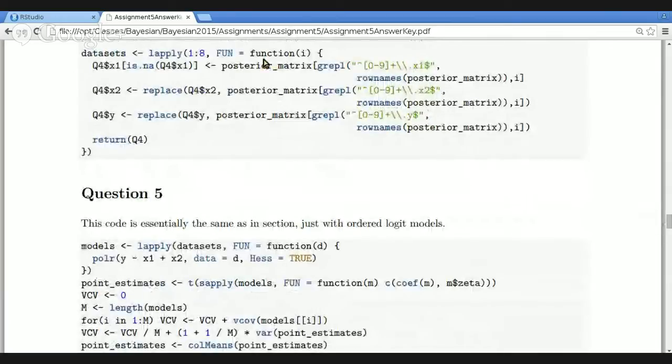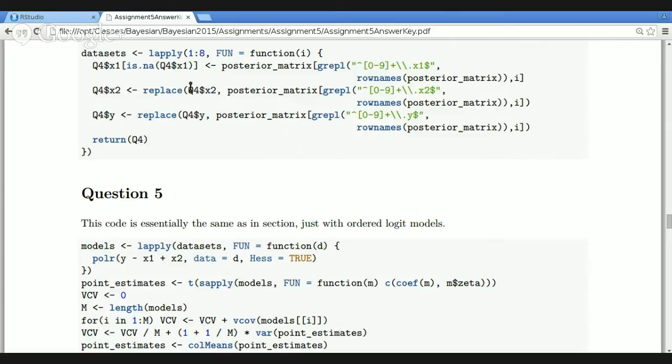And so the first variable is continuous. So I just replaced the NA values with the draws from the posterior distribution that end with the string x1. You could have just put in numerical indices there. That would be fine. It's just a little bit more clever. X2 is a factor. And so we use the replace function.